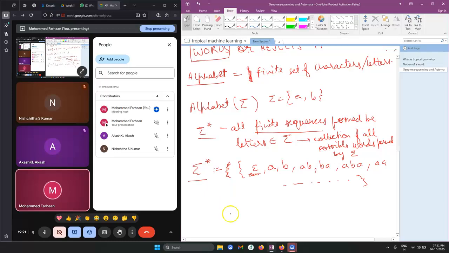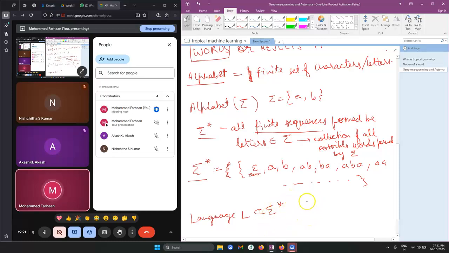Within sigma star. Now, what we're going to define is something called a language. So a language L is simply a subset of sigma star. So let's think about it in normal English words.